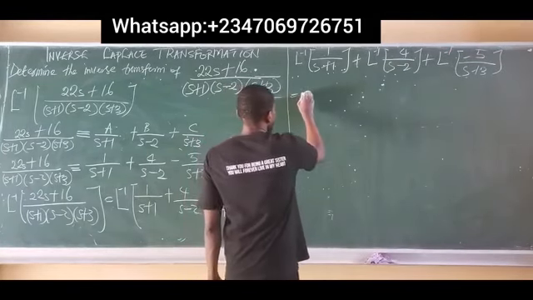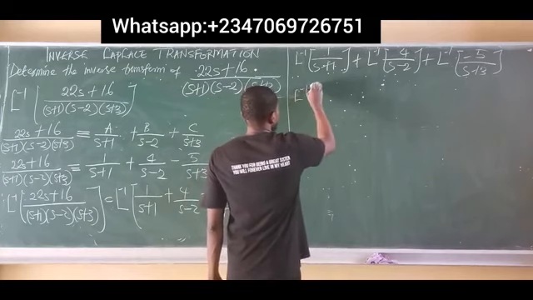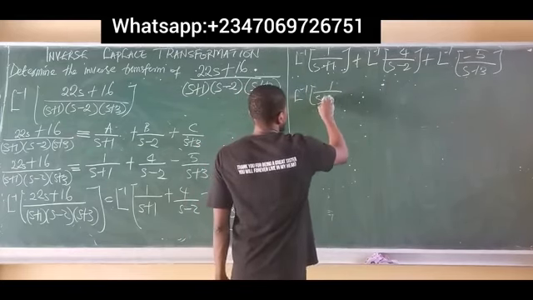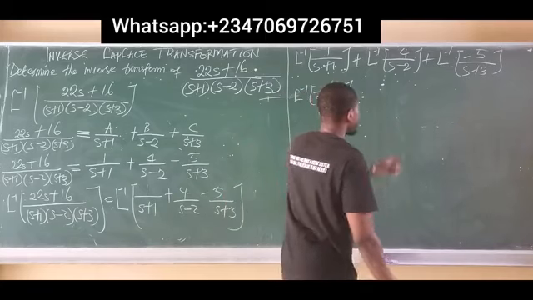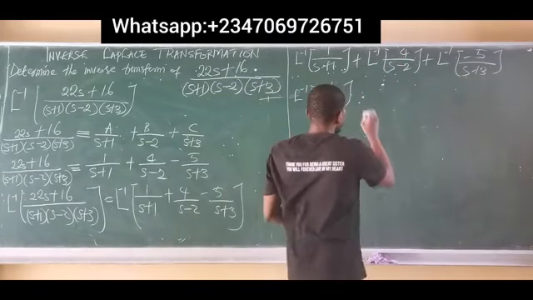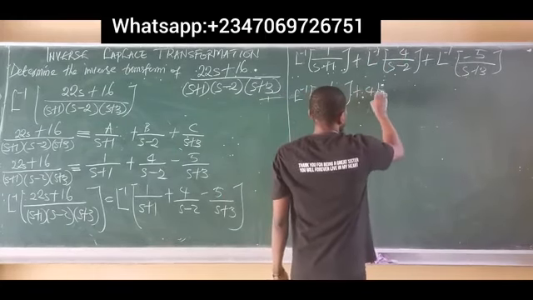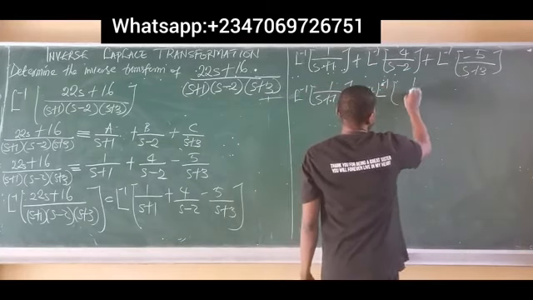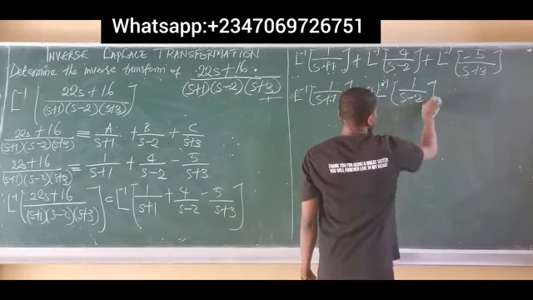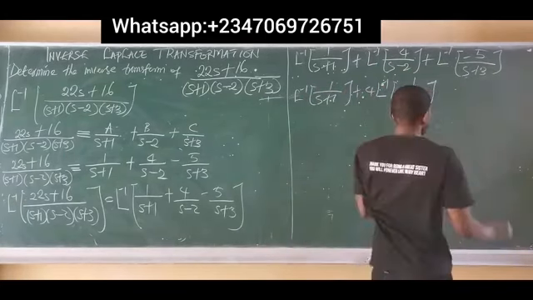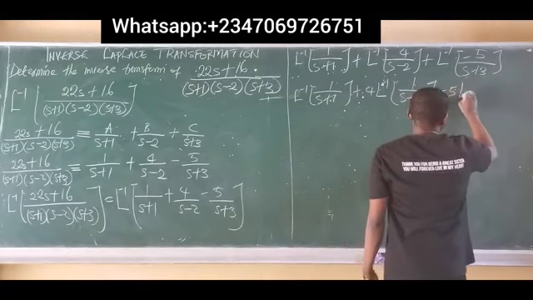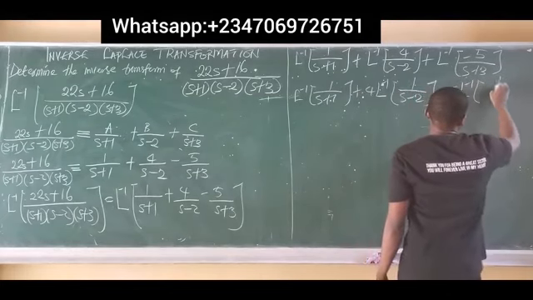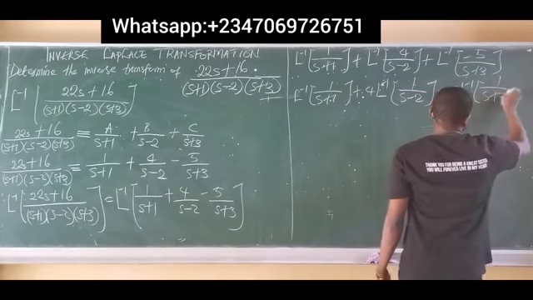We can still write this as the Laplace inverse of 1 all over s + 1. Now let's factor out the numbers. You can bring out 4, so this becomes plus 4 times the Laplace inverse of 1 all over s - 2. Let's factor out -5: you have -5 times the Laplace inverse of 1 all over s + 3.